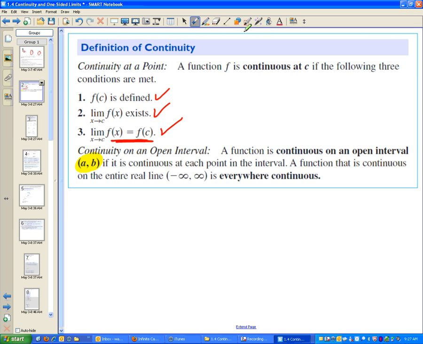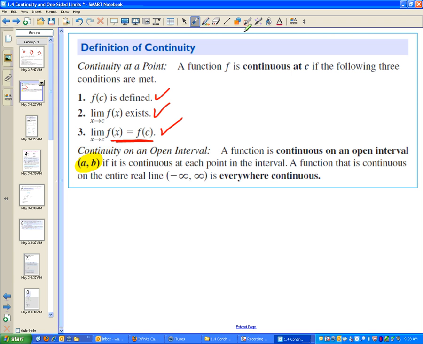So a function is continuous on an open interval from A to B if it is continuous at each point in the interval. Okay? So if you've got an interval from 4 to 7, and our function is continuous for every number between 4 and 7, then our function is continuous on the open interval from 4 to 7.